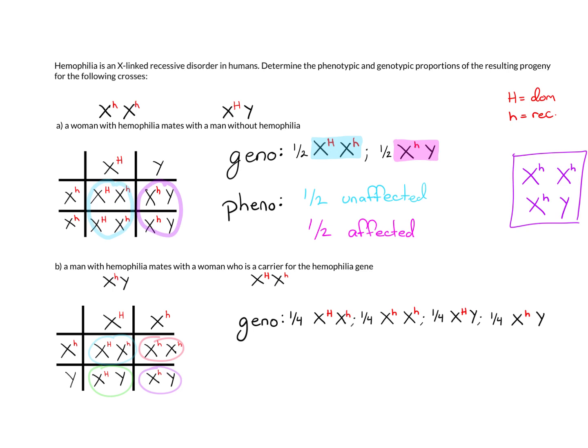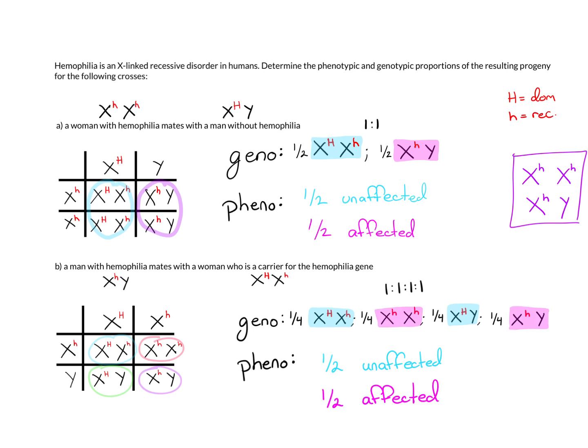And so, based on the Punnett square, we can determine that there is a 1 to 1 to 1 to 1 genotypic ratio for these genotypes, compared to part A, where there was a 1 to 1 genotypic ratio. As for the phenotypes, similar to part A, we can determine that half the progeny will be unaffected and half of the progeny will be affected by hemophilia.